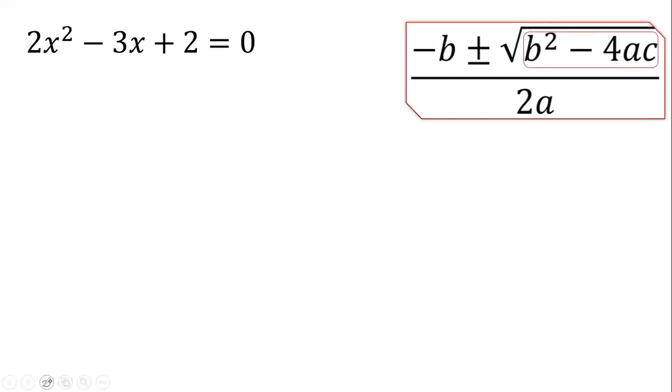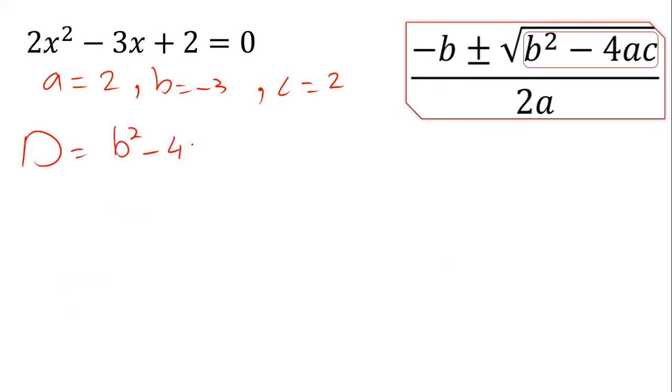Let me change the color. Okay, here it is. a equals 2, b equals -3, and c equals 2. The discriminant equals b squared minus 4ac, which is, by direct substitution, -3 squared minus 4 times 2 times 2, which is 9 minus 4 times 2 is 8, times 2, 16.